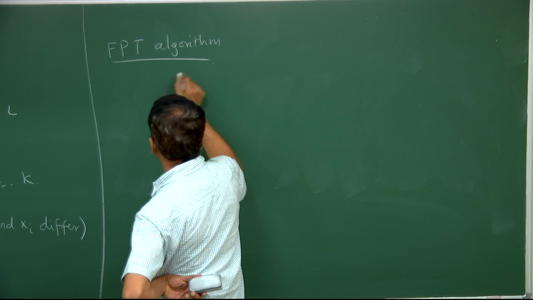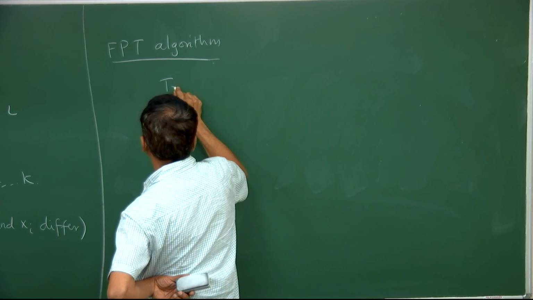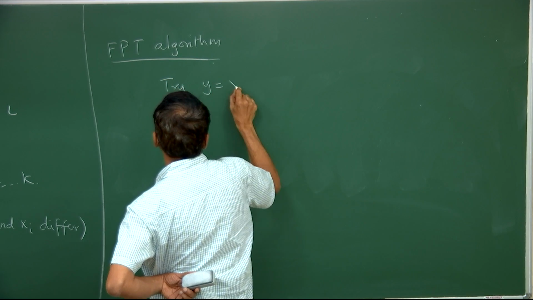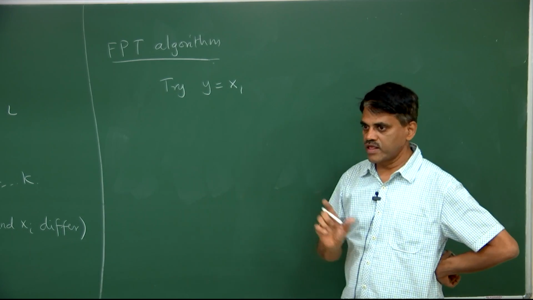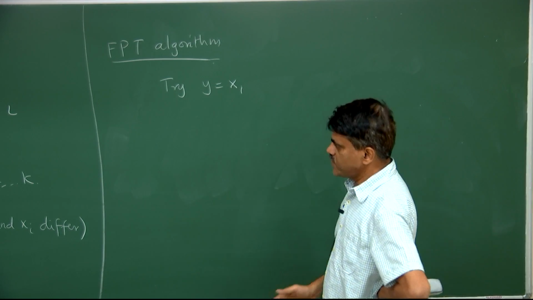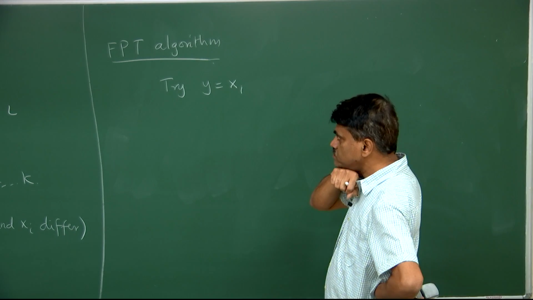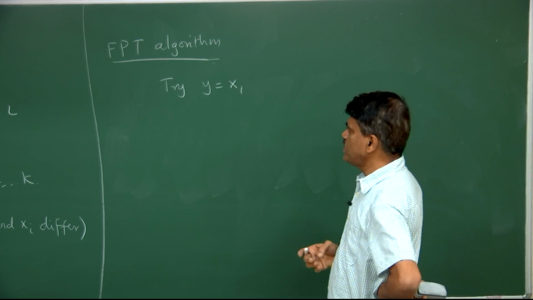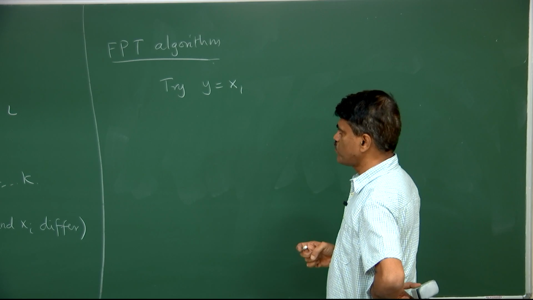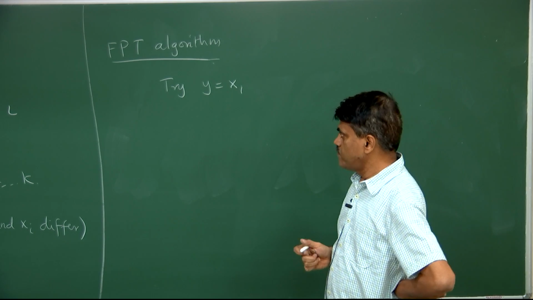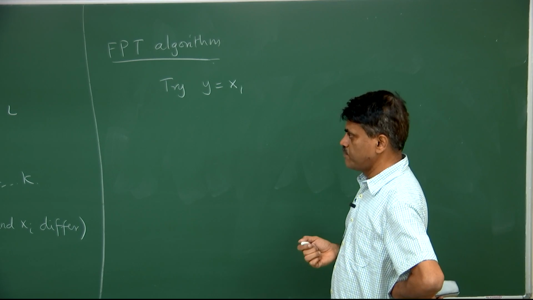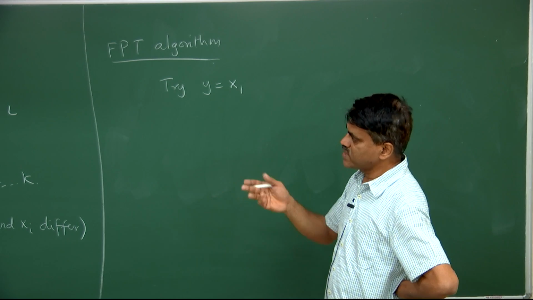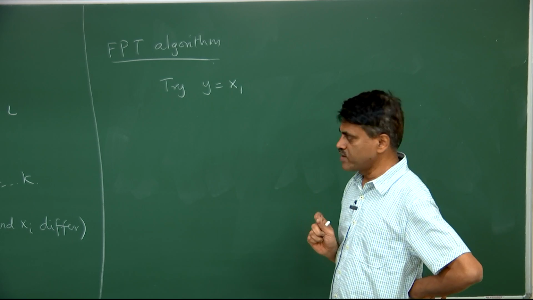So, try y equal to x1. I am looking for a string of length L. Let us try x1. When will this not work as a solution? If there is some xi whose distance is more than d.